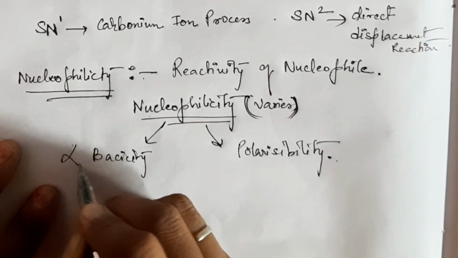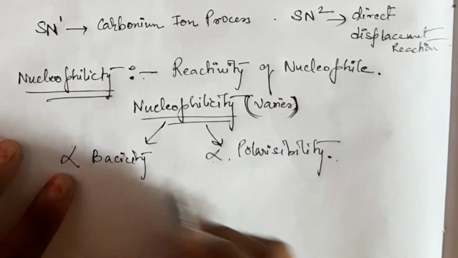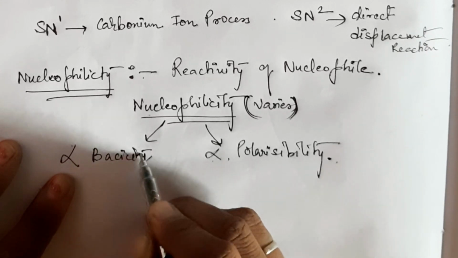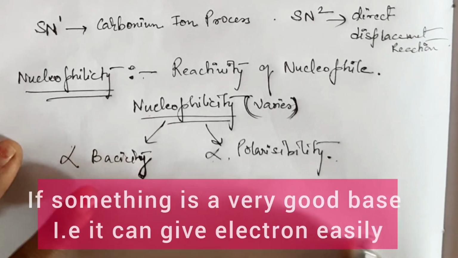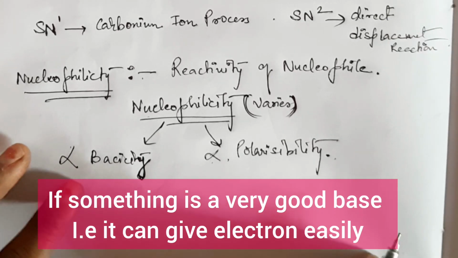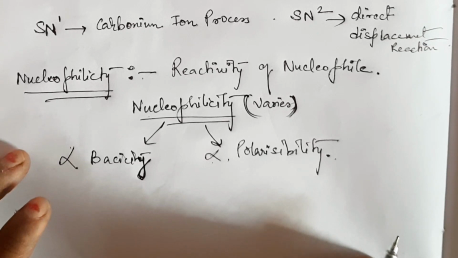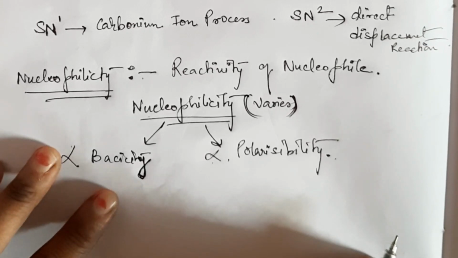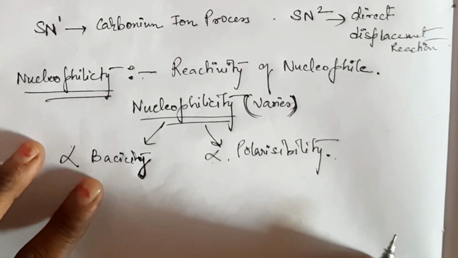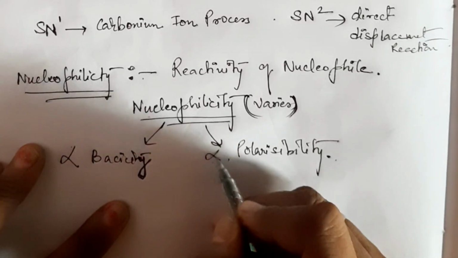That means nucleophilicity is directly proportional to basicity and also to polarizability. If something is a very good base in nature, that means it can give electrons easily, so we say it is a good nucleophile. It depends on these two factors: the more basic, the better the nucleophile, and the more polarizable, the better.